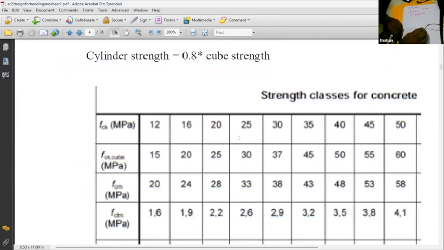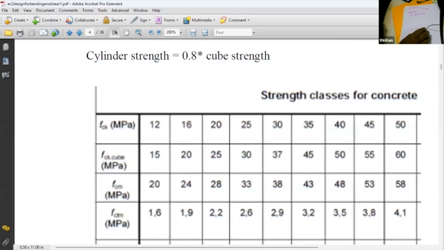We have 30/37, 35/45, 40/50, and then 20/25, 25/30, 30/37, 35/45, 40/50, 50/60, and so on. But there's an upper ceiling, 45/55, 50/60. Those are the values you can see.